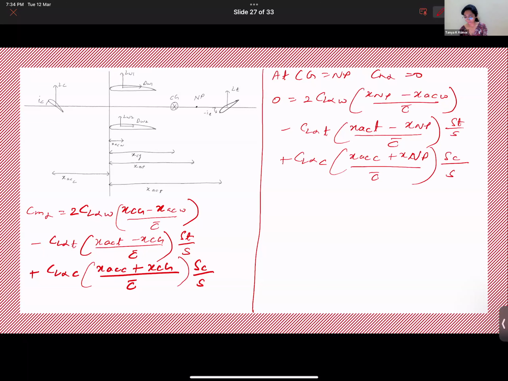So from this equation, we will be able to find out XNP, right? We need to find out XNP.